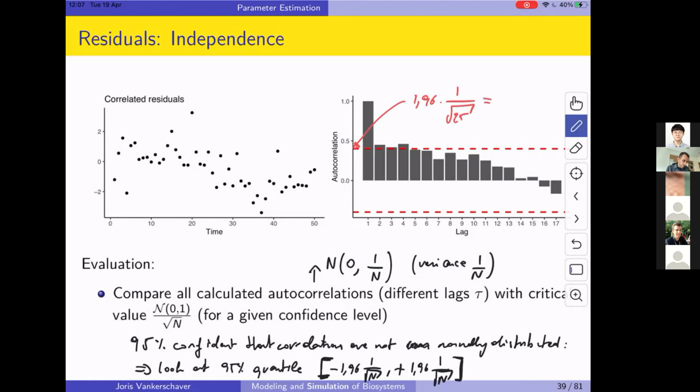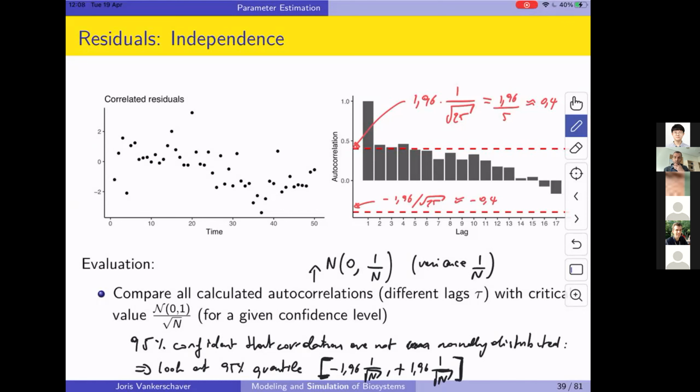So that's 1.96 divided by 5, which is about 0.4, and the lower bound is minus that, about negative 0.4. So the red bands give me that 95% quantile.